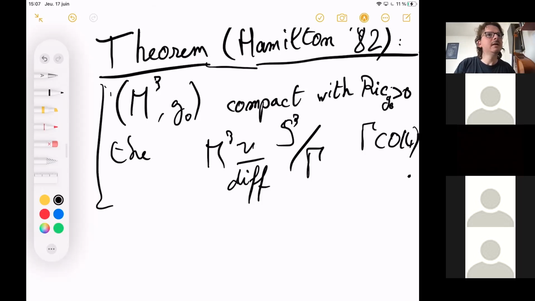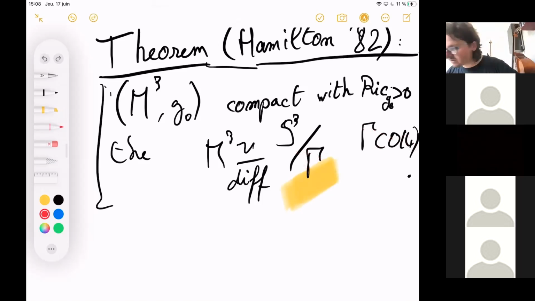So the remark on the fundamental group is that if you assume in that theorem that M3 is compact and simply connected with positive Ricci curvature, then the conclusion holds, and you know that the manifold on the right will be simply connected. So that tells you that there's no group and M is just diffeomorphic to S3.